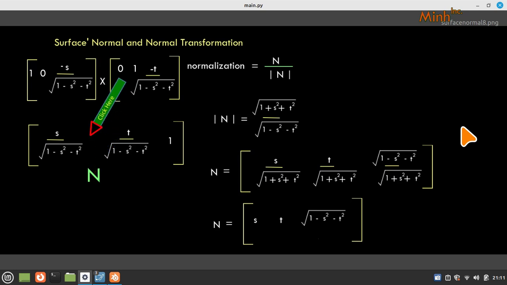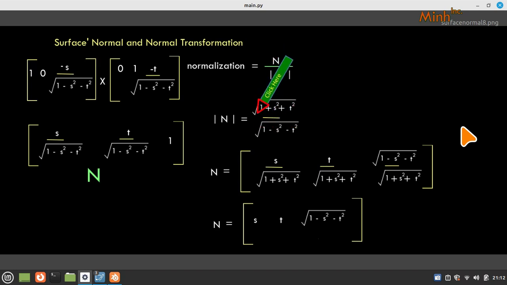So in s direction normal is this, in t direction normal is this, and in z direction, in r direction, normal is 1. So we will do the normalization. Normalization is nothing but dividing the normal we calculated by its magnitude. The magnitude is this square plus this square plus this square, to the square root. That will lead to s square plus t square plus 1 by 1 minus s square minus t square, to the square root.